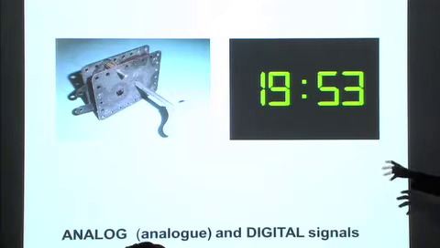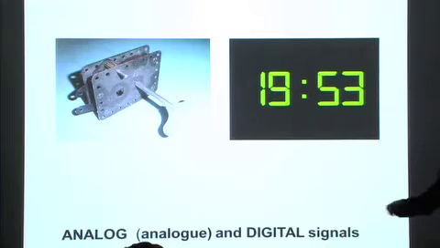Clocks were initially run on clockwork, so you're using the embodied energy in a spring, you're winding up a spring and then controlling it to give you a constant output. But it was still a wave because it's a wound up coil of spring steel that's gradually letting its information out. So that's a wave. That's pure digital.